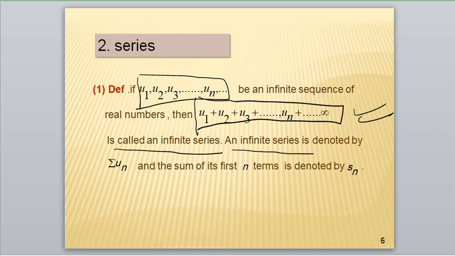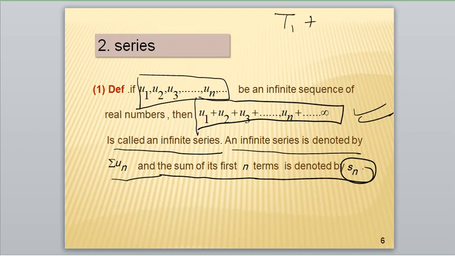An infinite series is denoted by the summation of u_n, and the sum of the first n terms is denoted by S_n. Simple concept. So you will get all the different terms, say T1, then you add the second term T2, plus T3, plus T4, and so on.